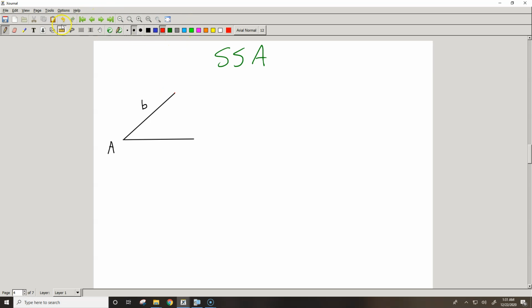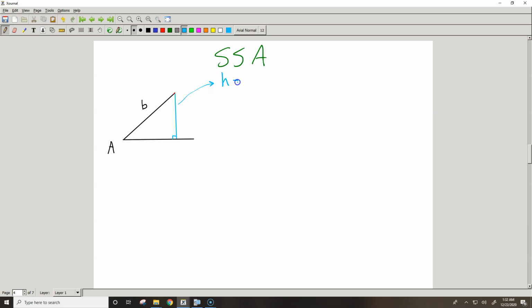So one thing that I want you to write in there right away is that oftentimes we're going to think about what is the height of the triangle in this case. So I'm actually going to put in blue here the height of the triangle given angle A and side B. I'm going to label this because we're going to refer to it often.